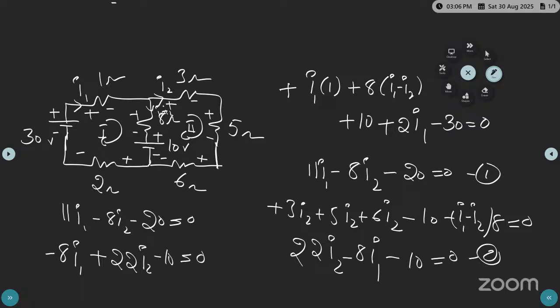So for I1, the left side 11 multiplies with 11, and I1 left side 8 multiplies with 8. Okay, this is the correct one. Not 22. Very good point.